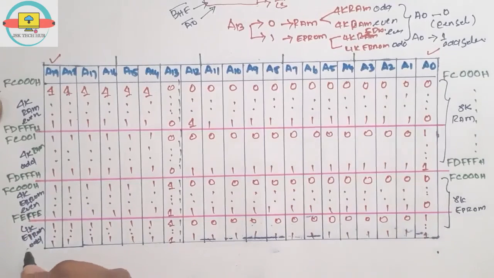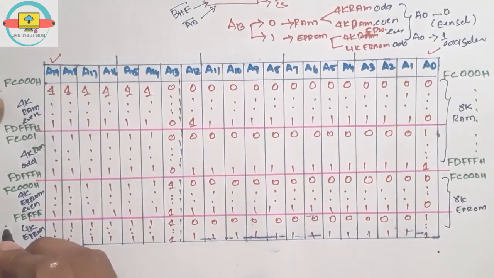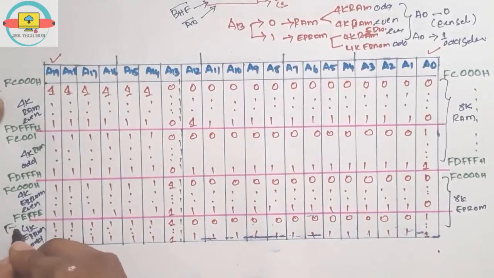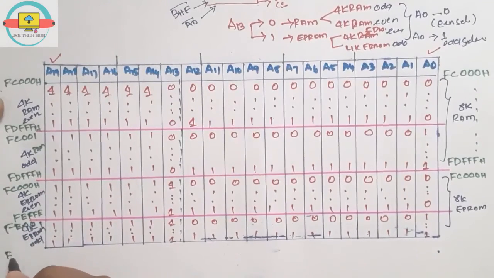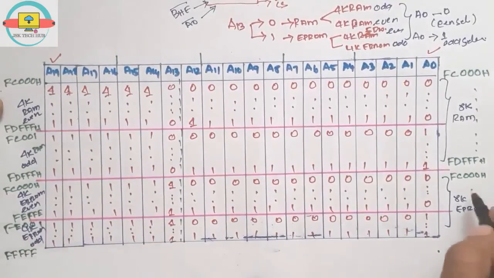Then my odd bank memory address starts from FE001H and ends with FFFFFH. The starting address of the 8 kilobyte EEPROM is FC000H and the ending address is FFFFFH.